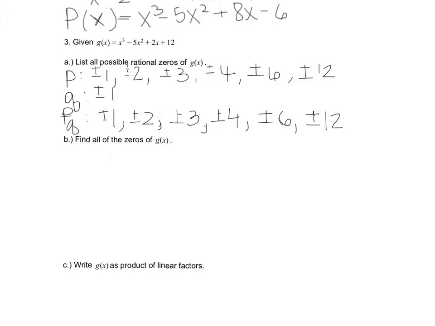Now I want to find all of the zeros of g of x, and this includes the rational zeros and any complex zeros we may have. And when we graph the function in Desmos, we end up with 3 real zeros, and only one of them comes from our list of rational zeros, and that is going to be 3.